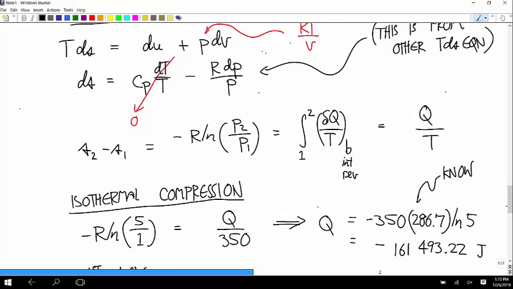Everything we did from the TDS equation, this is all still valid.